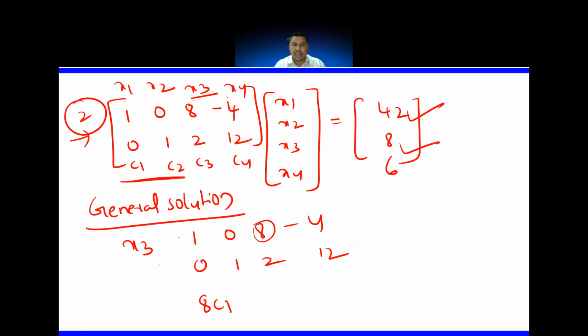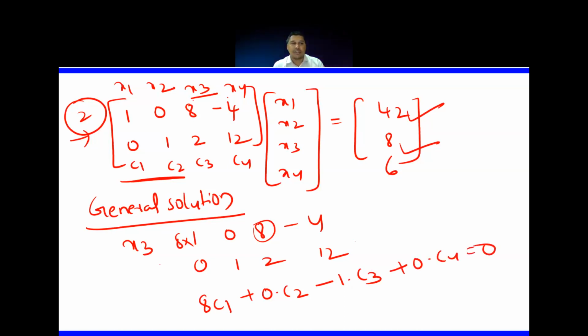8 into C1. The second one I don't want to use. Plus 0 into C2, minus 1 into C3, plus 0 into C4 equals 0. How? You take the first value: C1 value is 1, 8 into 1 is 8, plus 0 is 0, minus 1 into C3 is minus 8, plus 0. 8 minus 8 is 0, we got it.